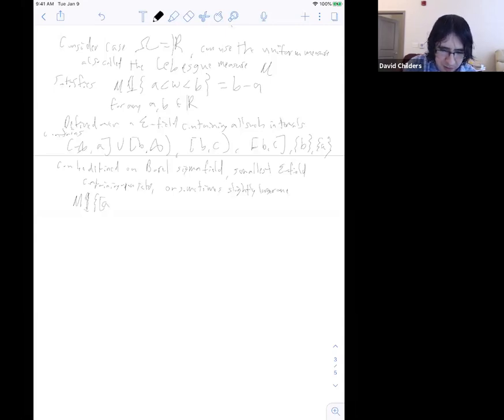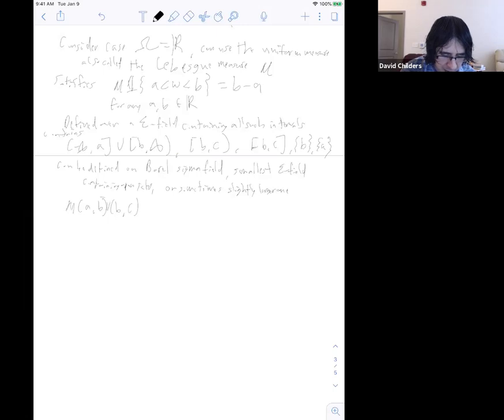So here, let's do this proof this way. Sorry, just a second. So consider an open interval AB, an open interval BC, and then take the union of these.